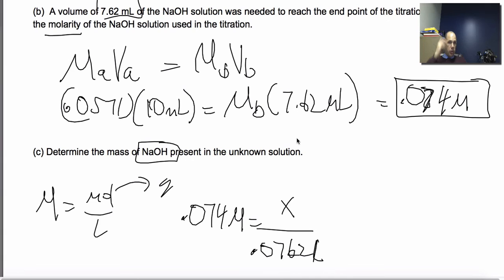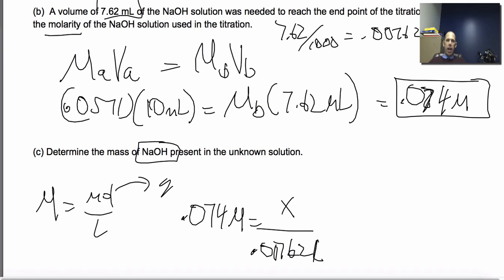So let's go ahead and do that real quick. 0.074, actually I'm going to do 0.075 because that's what I told you earlier, times 0.00762, because 7.62 divided by 1,000 equals 0.00762 liters.